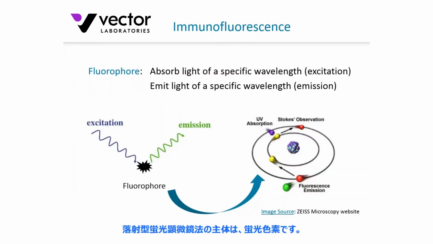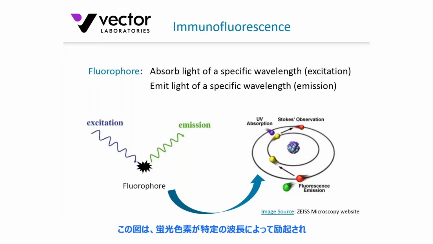So the essence of the epifluorescent application here is the use of this fluorophore, and its characteristics: it absorbs light at a specific wavelength, this is the excitation spectra, and then it emits light at a different wavelength. That's the emission spectra.